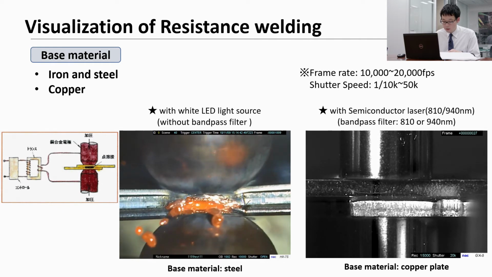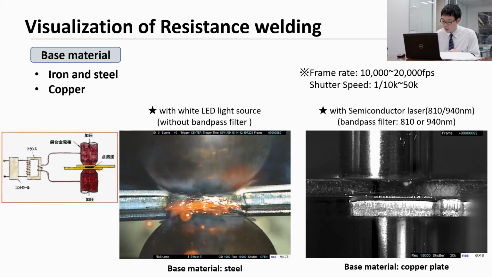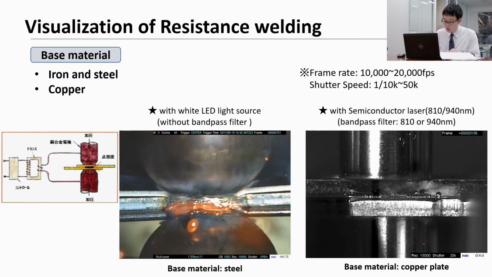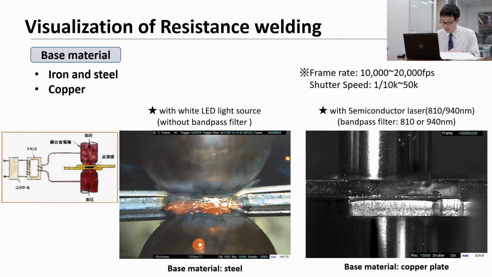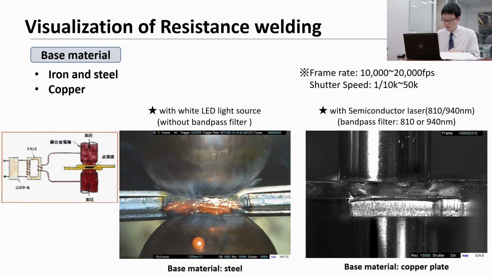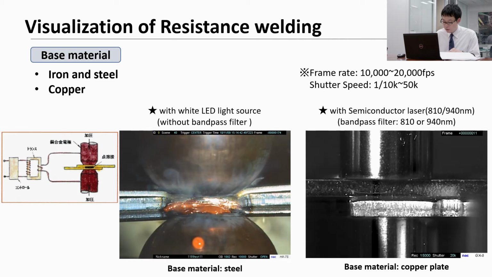We need to ask customers to arrange the experimental environment in order to set the camera at the appropriate point, because the welding is usually performed in the center of the base material. In this video, a customer welds the edge of the base material for experimental purposes. About the video on the left side, we shoot with a color camera because our customer wants to observe the heat transfer on the base material.